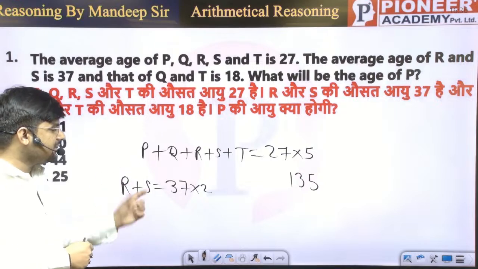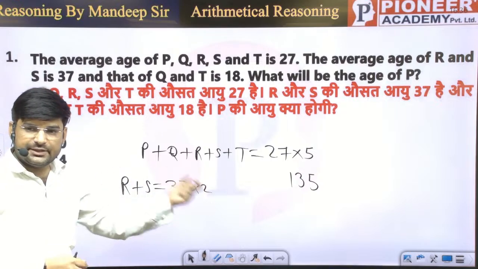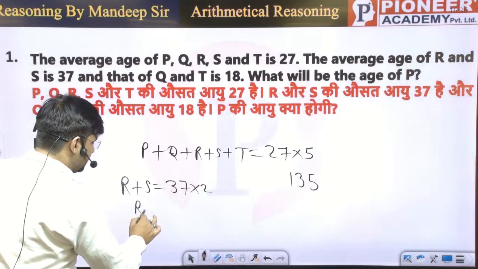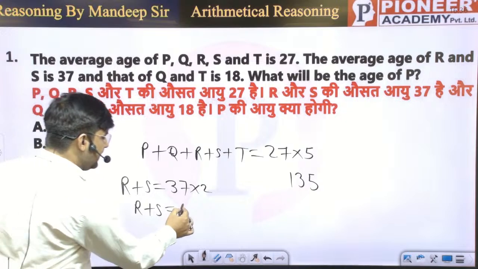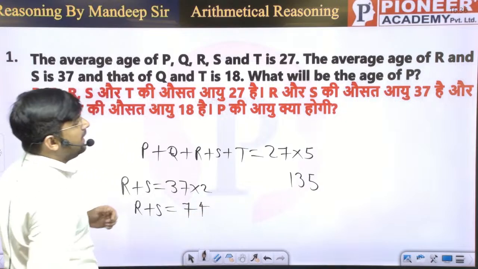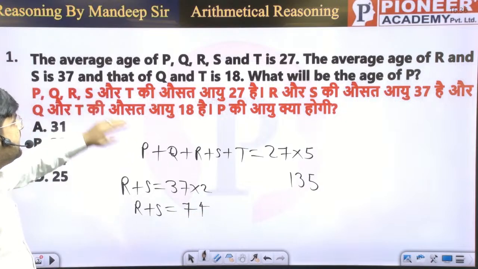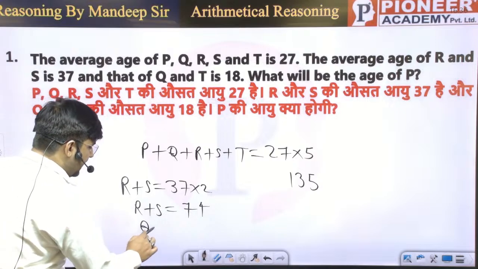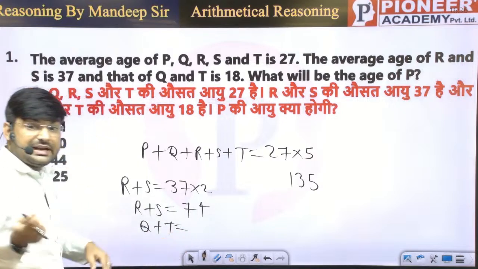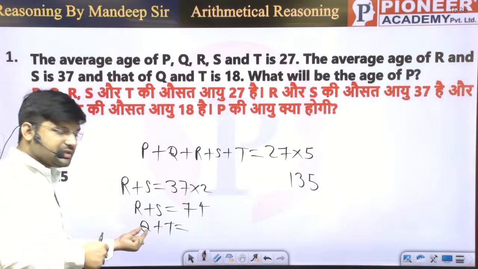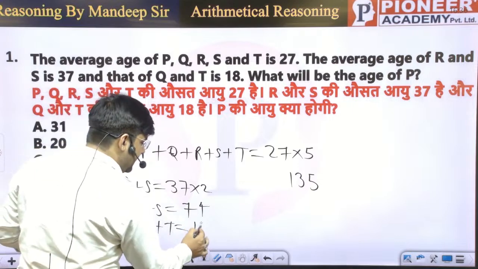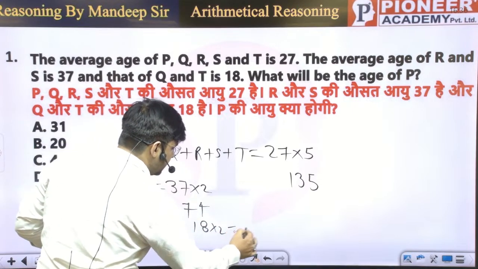Here there are 2 persons, so R plus S is 74. Next condition, the average age of Q and T is 18, so the total of Q and T is 18 into 2, equal to 36.